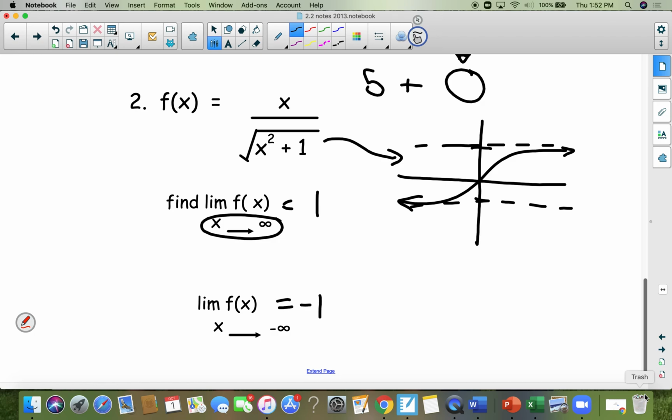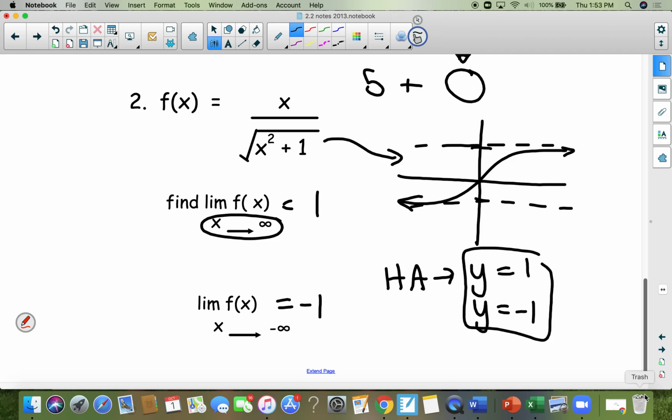Do you see that these two are different numbers? So that means you have two what? Horizontal asymptotes. You have one at y equals 1, and you have one at y equals -1. And there you go.